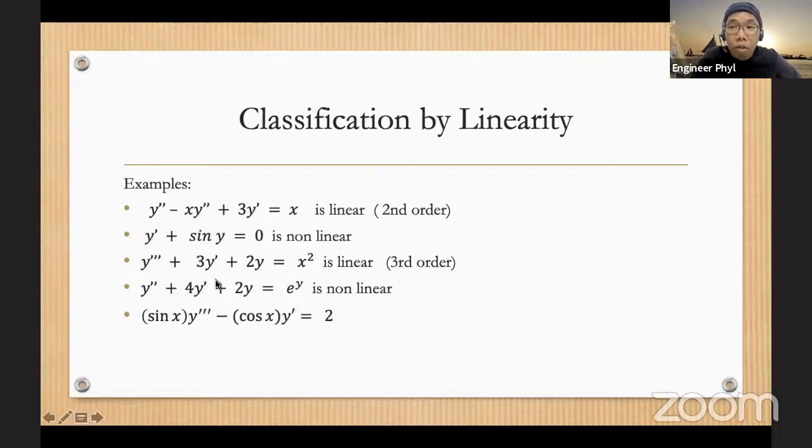What are the exponents or powers? It must be 1 to make it linear. So y triple prime has a power of 1, y prime has a power of 1. Therefore, this is a linear differential equation. And this is third order, since the highest derivative that you can see is the third derivative.